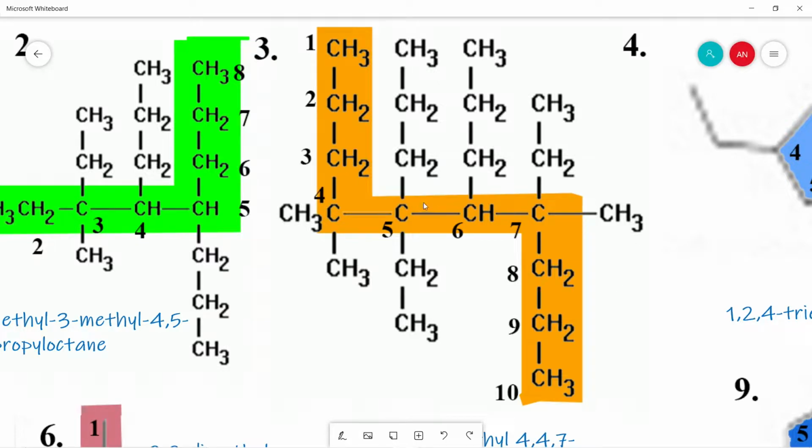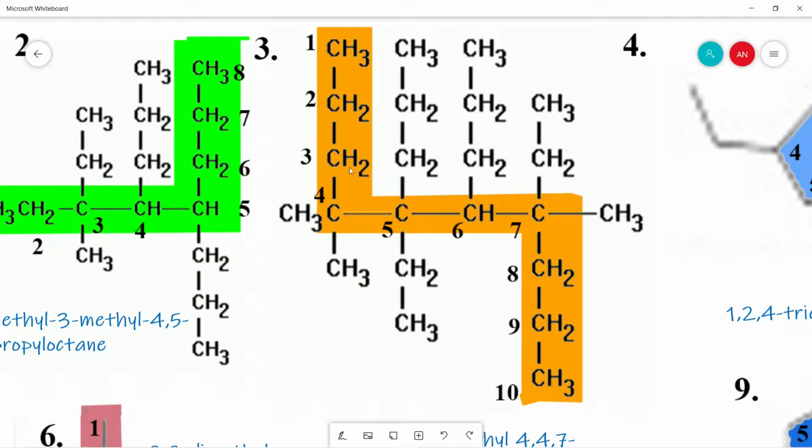Because on the very next carbon there are two branches, whichever radicals they are, propyl or ethyl, it doesn't matter, but there are two substituents. But if we start assigning from the other side, on the very next carbon we get only one substituent. You can see here clearly. That's why we started assigning numbers from this side.